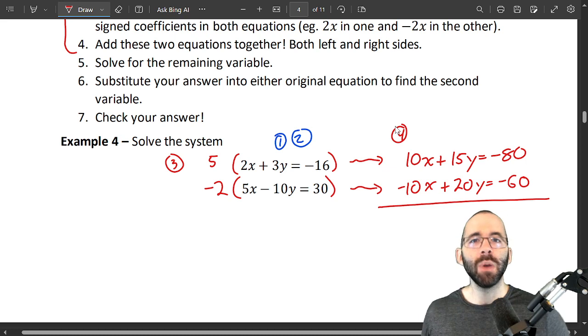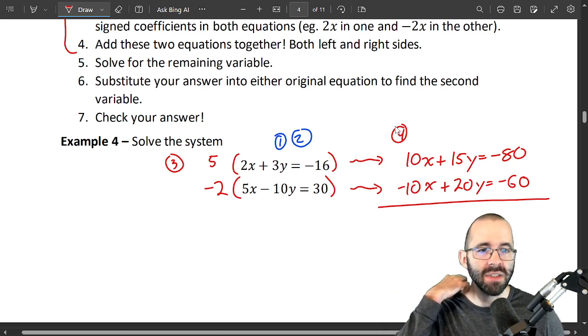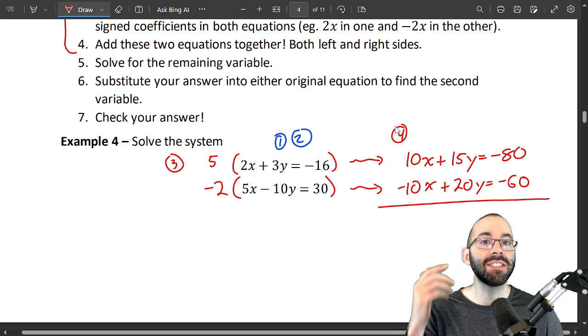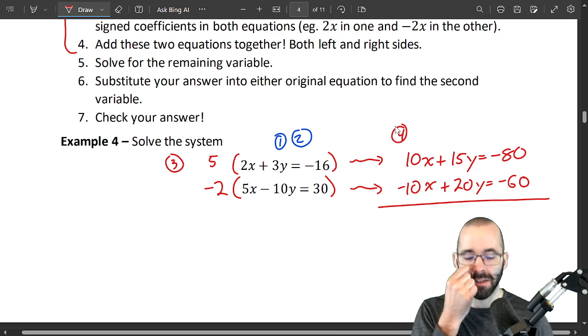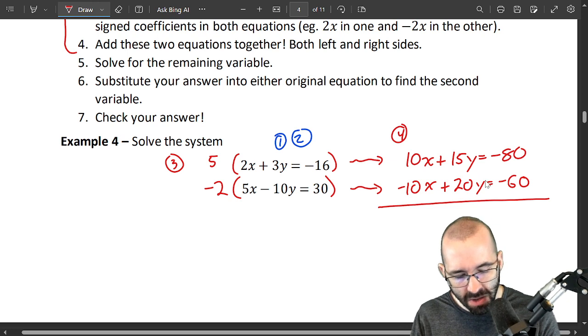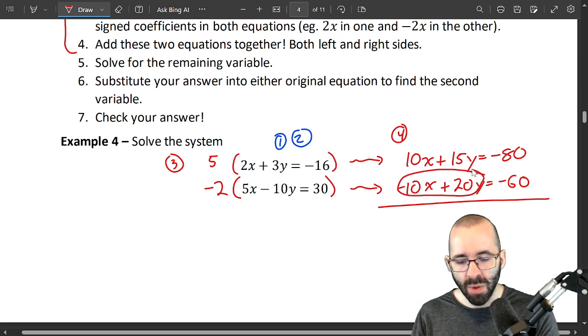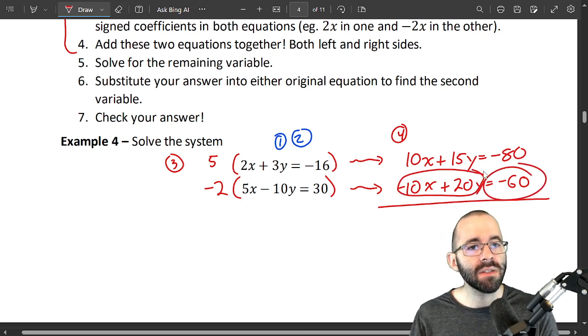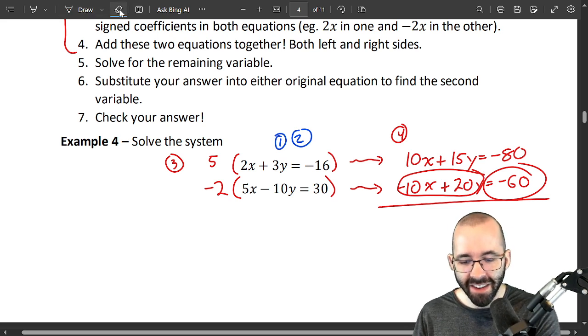We can add any number we want to both sides of the equation, as long as it's the same thing on both sides. You might be saying, well, Jason, we're not adding the same things on both sides. On the left side, we're adding this, and on the right side, we're adding this. But they are the same.